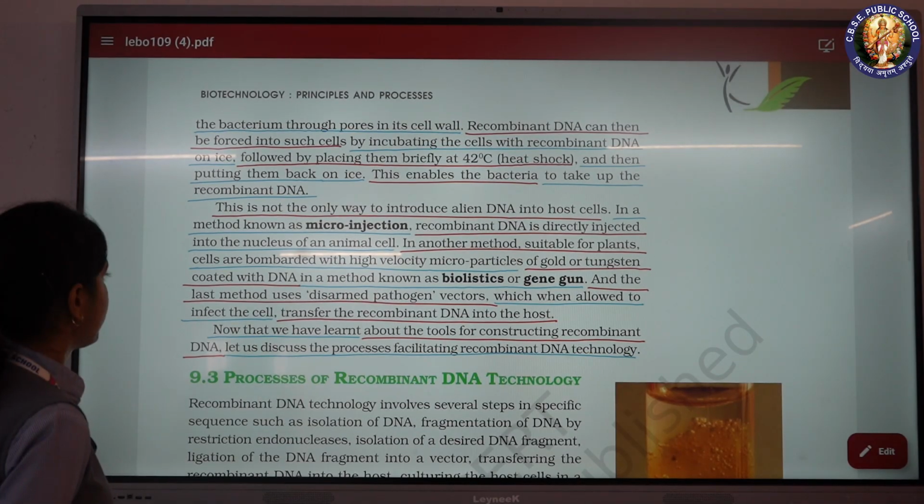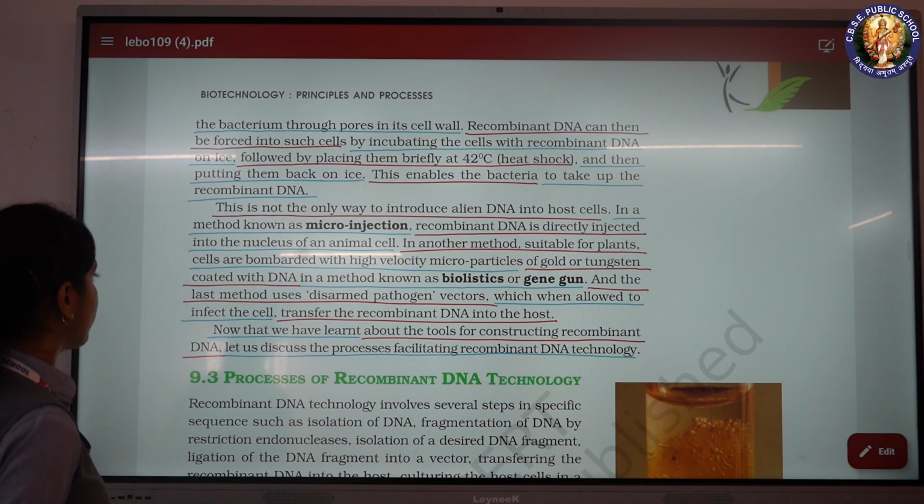And the last method uses disarmed pathogen vectors, which when allowed to infect the cell, transfer the recombinant DNA into the host.